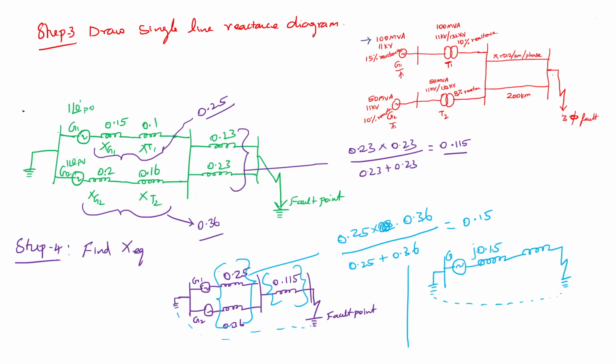By default there is a J, and here also J 0.115. So now these both are in series. So what will be my total value? 0.265. That is my X equivalent value. Correct or not? So my X equivalent is J 0.265.